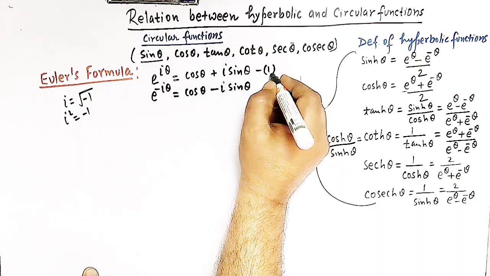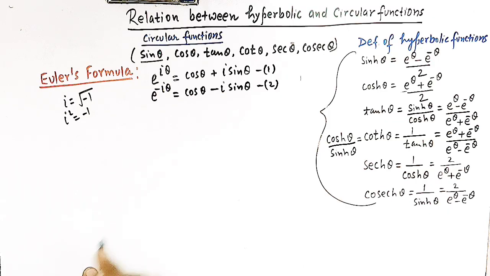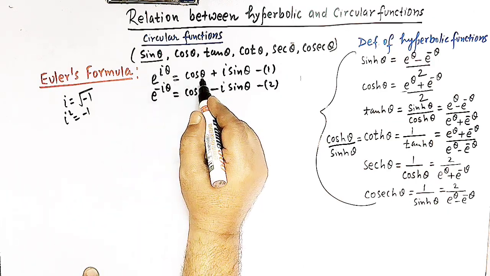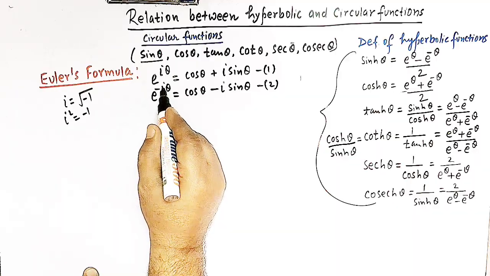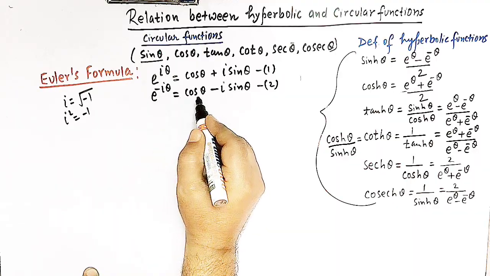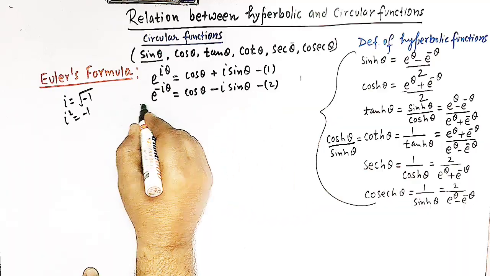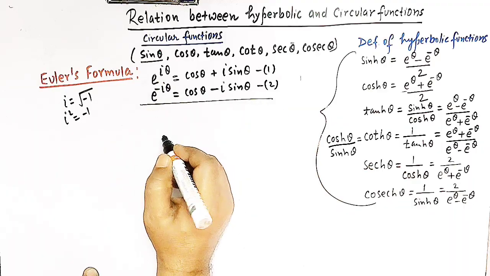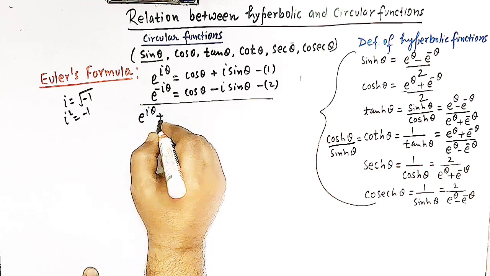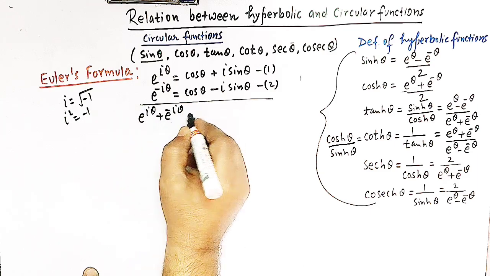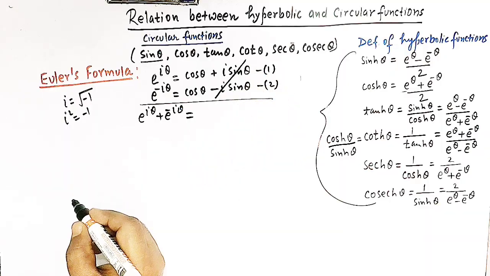So we have these two important results to start with, right? So e raised to i theta is cosine theta plus iota sine theta, and e raised to minus i theta is equal to cosine theta minus i sine theta. Now if we add these two equations, then we get e raised to i theta plus e raised to minus i theta, and here these two quantities get cancelled, right?